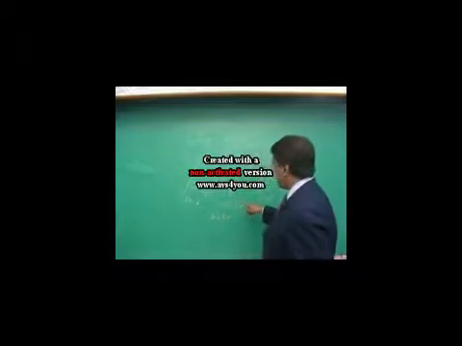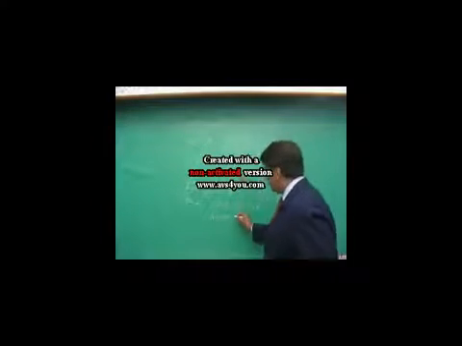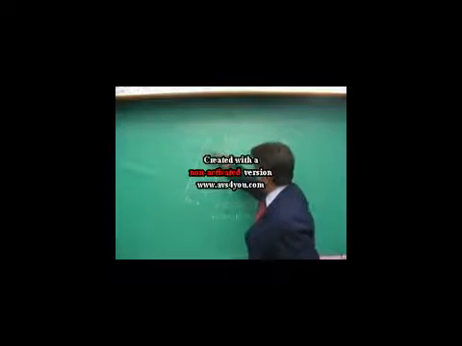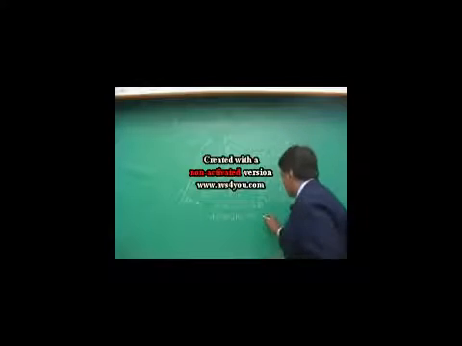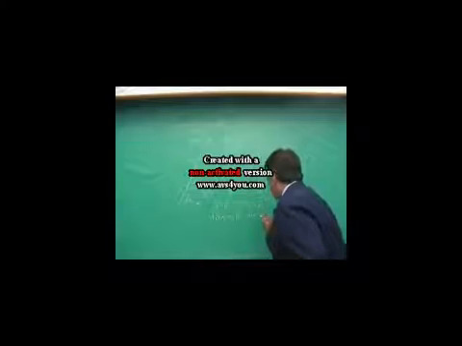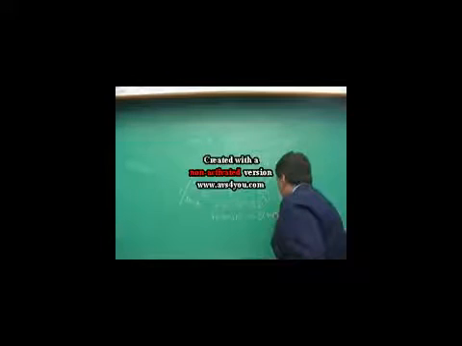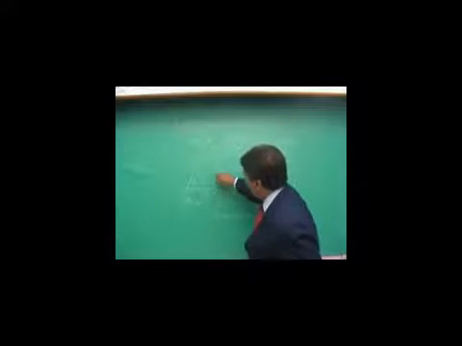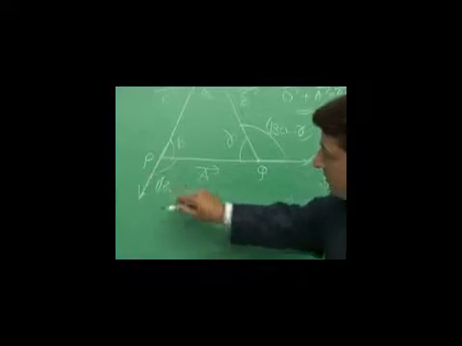A cross B, AB, what's the angle between A and B? 180 minus gamma. I've told you to take the positive angle. Between B and C, the angle is 180 minus alpha. Between vector C and A, the angle is 180 minus beta.